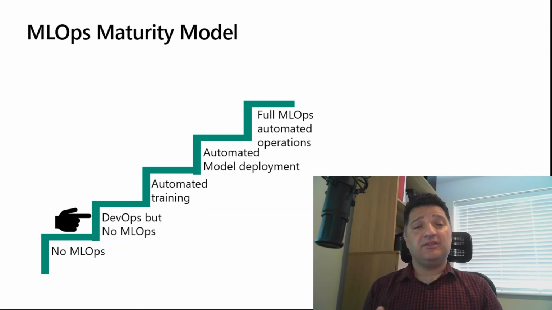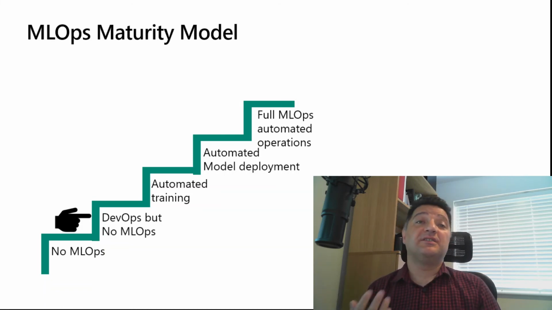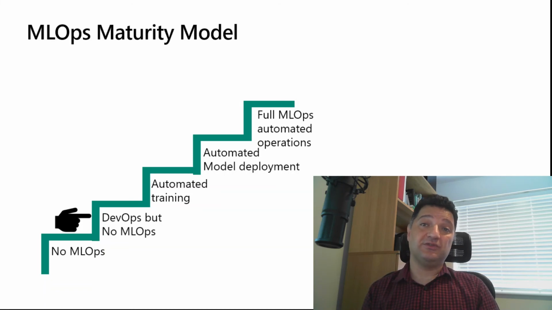So now let's go one step up. This is where we have DevOps, but no MLOps. Releases become less painful here compared to a no MLOps scenario, but you rely on data teams to create models every time. That's also ad hoc.